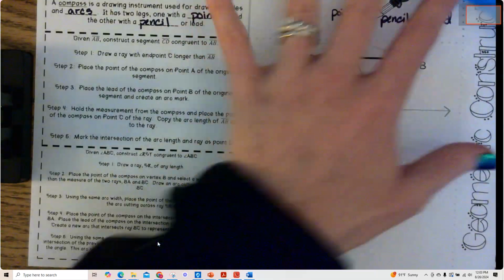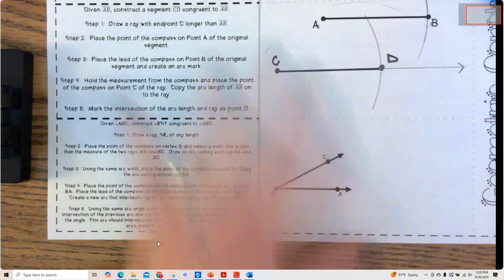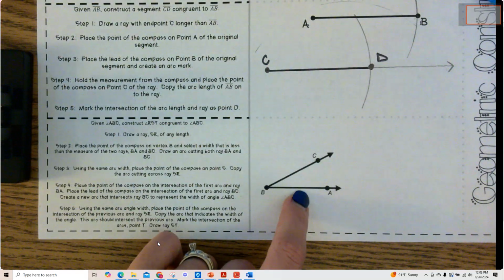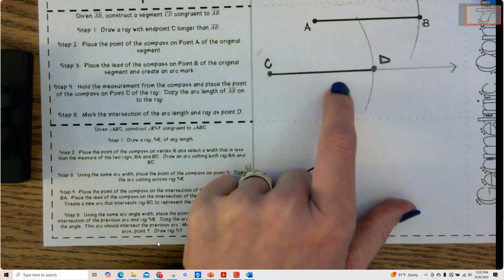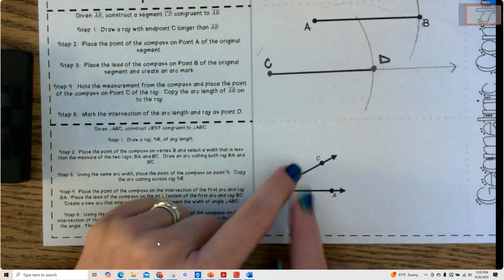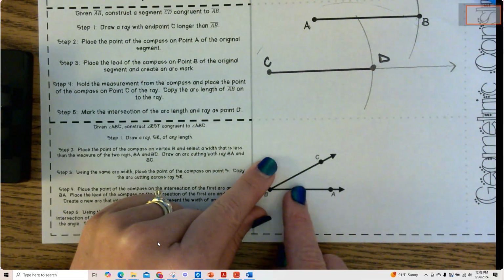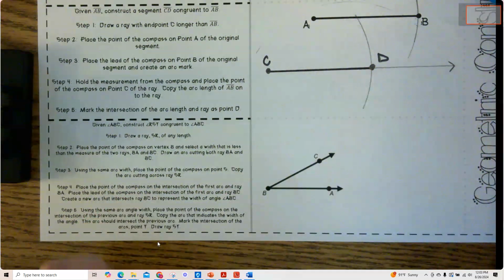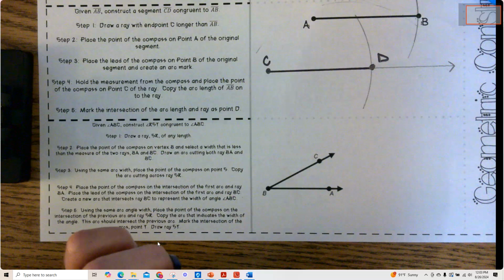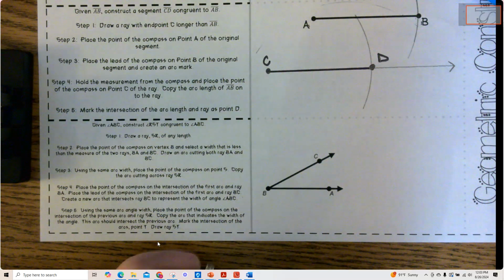Okay. All right. Now we're going to do congruent angles. So we made a line segment that was the same size. Now we're going to make an angle that has the same measurement here. Okay. I do want to show you how to use, my brain just stopped. Protractor, there we go.